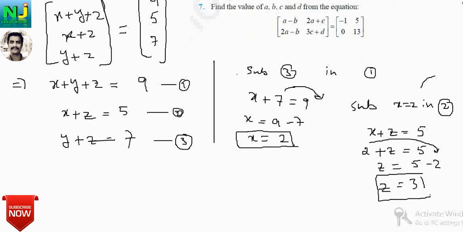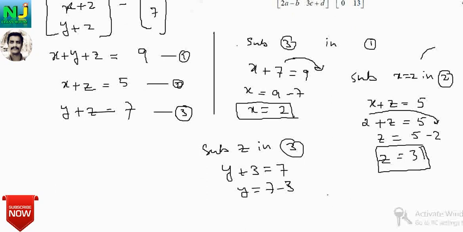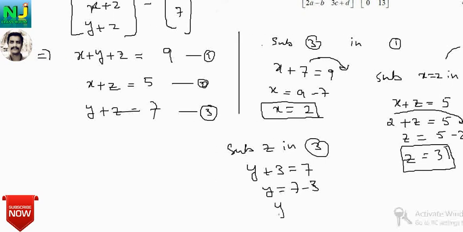Substitute z in equation 3, so y plus 3 is equal to 7, so y is equal to 7 minus 3, which is 4.